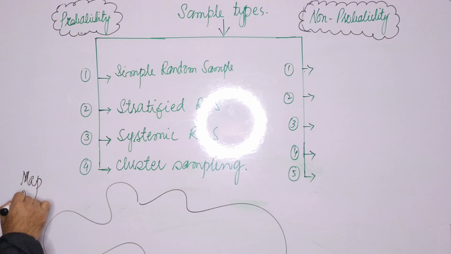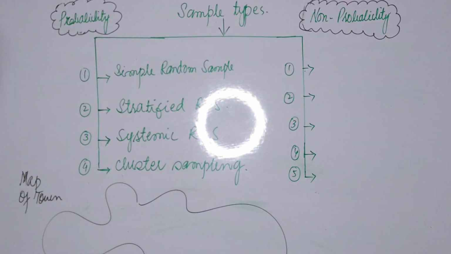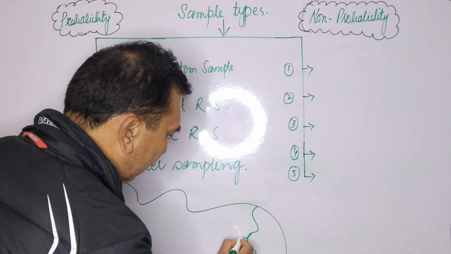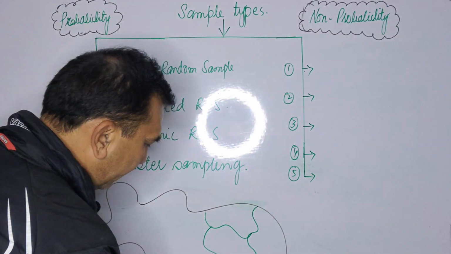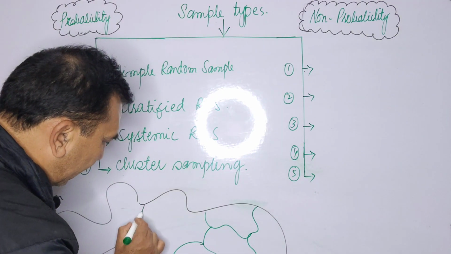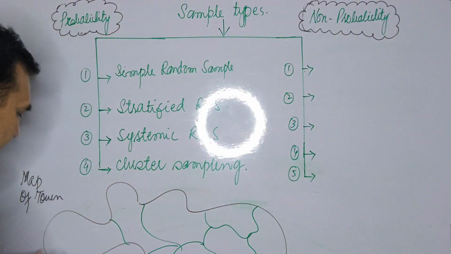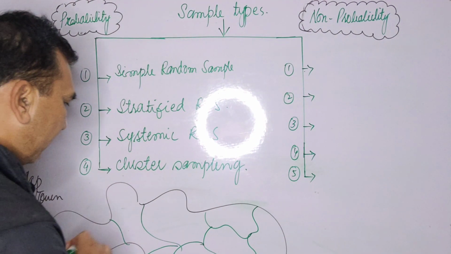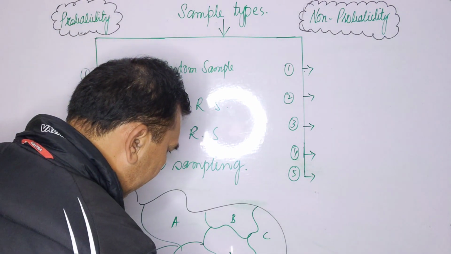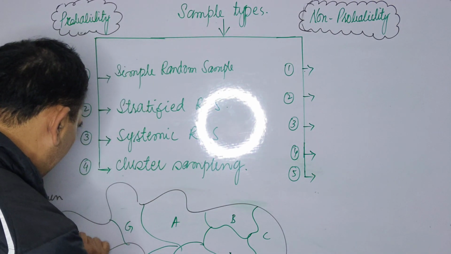This is the block. Now this is block A, block B, block C, block D, block E, F, G and H.